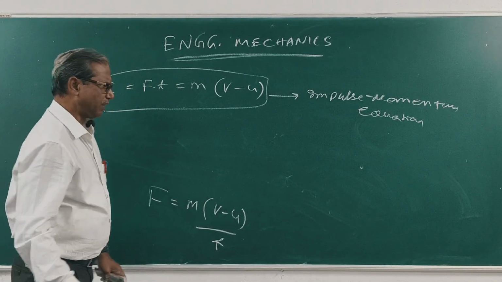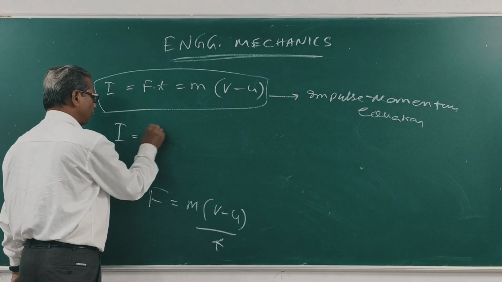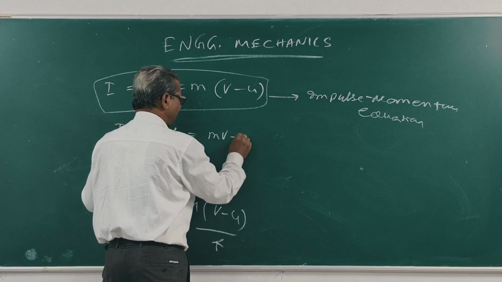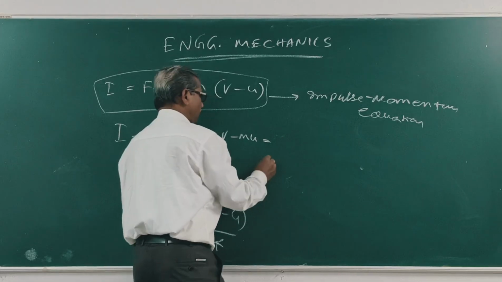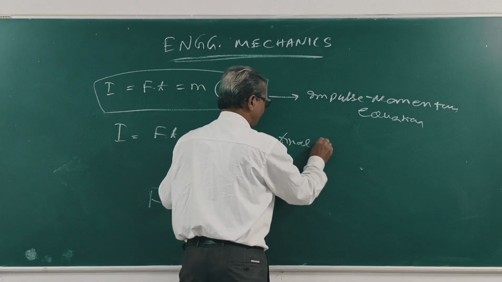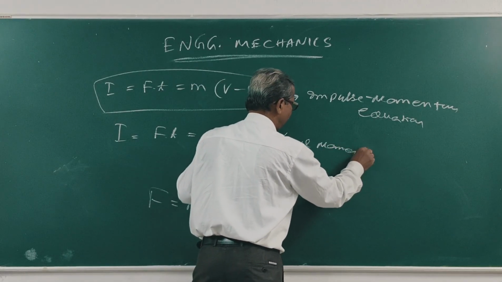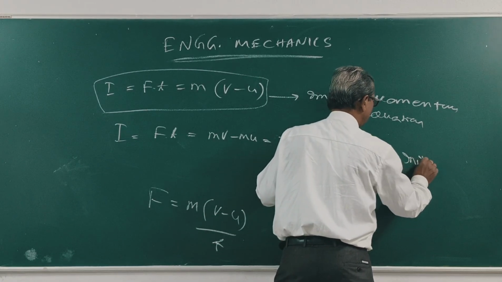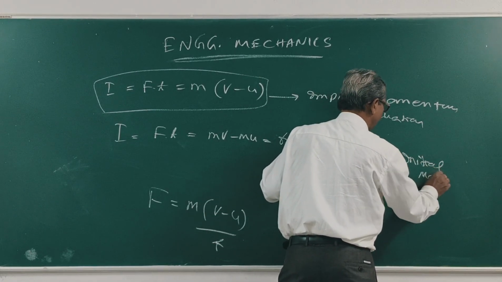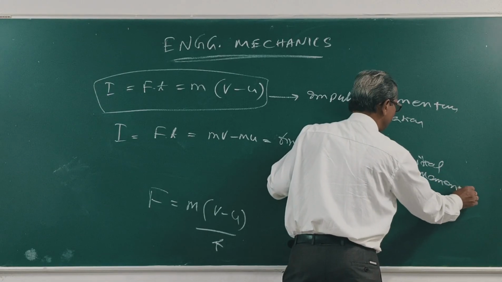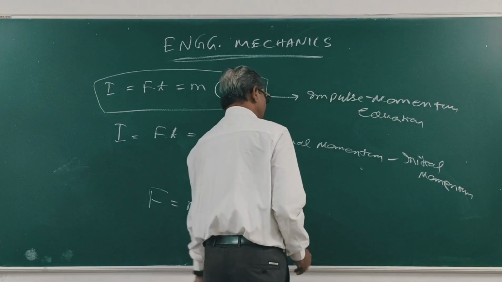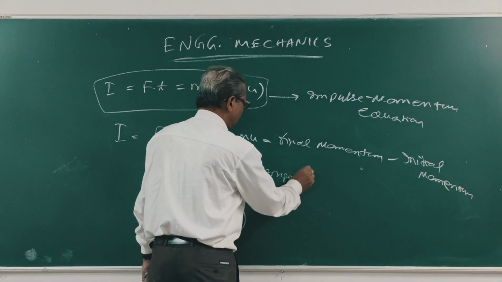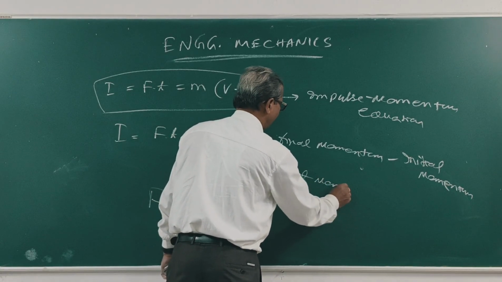This implies I is equal to F into T is equal to mv minus mu, which is final momentum minus initial momentum, that is called change of momentum.